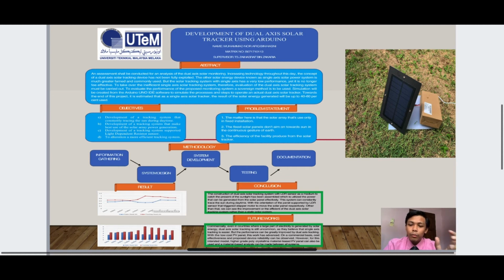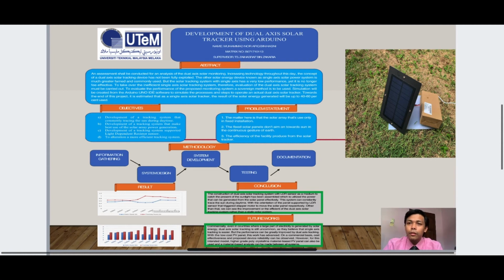Other than that, the automation of the solar panel orientation due to change of time, where we can set the orientation in the Arduino based on time, but we have to calculate the degree of the orientation towards the sun, and also the stiffness of the solar PV panel with the change of weather. As we know, on earth we have many changes of weather.